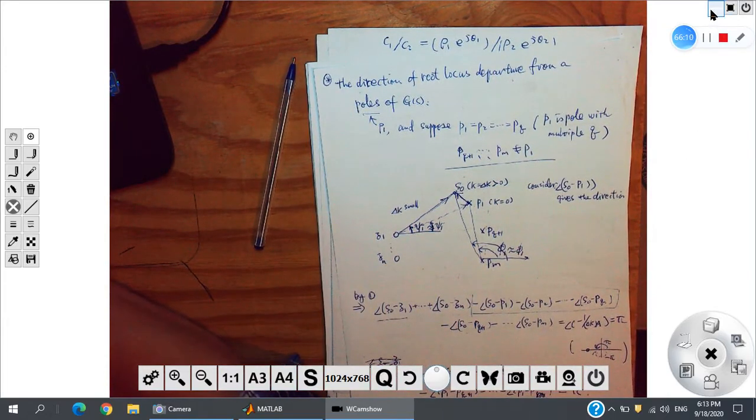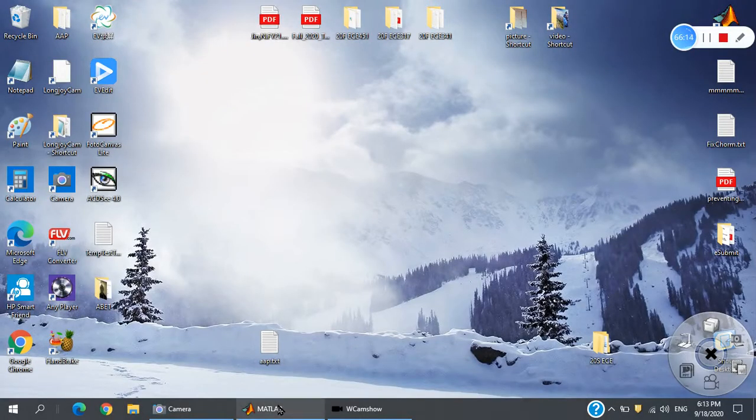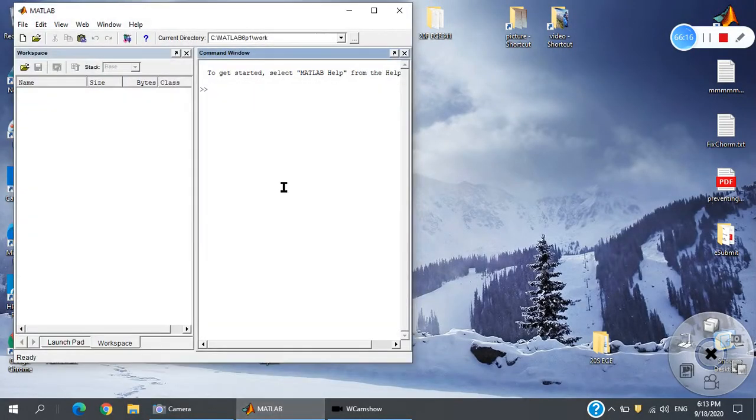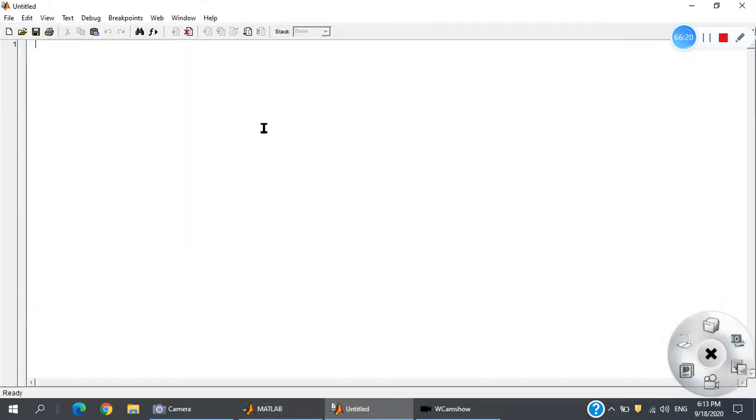Let's go to MATLAB. I open here. Okay. Here's a file. So I let s equal to transfer function of just s.